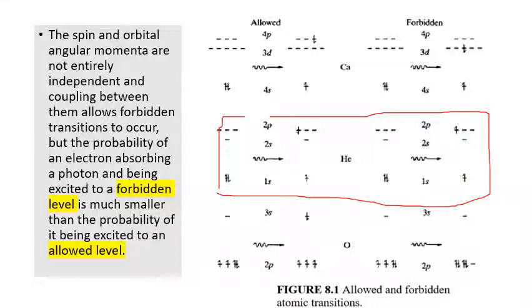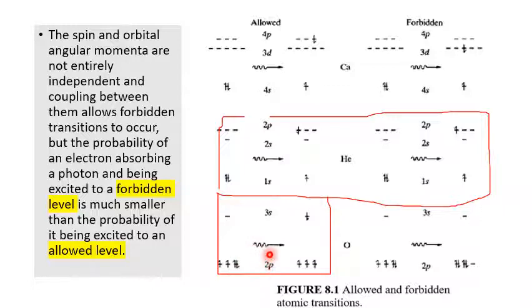And the next simplest case is oxygen. This is the case of oxygen for an allowed transition. Oxygen has the outermost electronic configuration 2p4. In the 2p subshell, 4 electrons are present in the ground state.